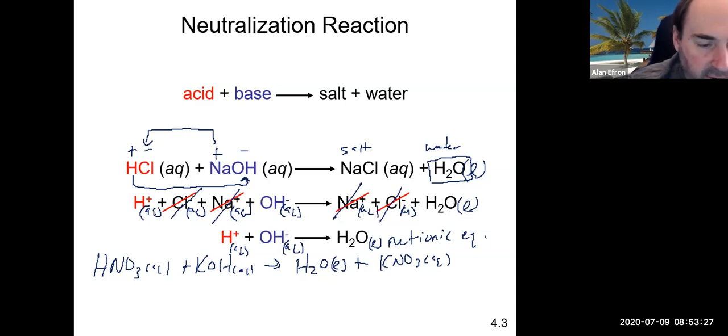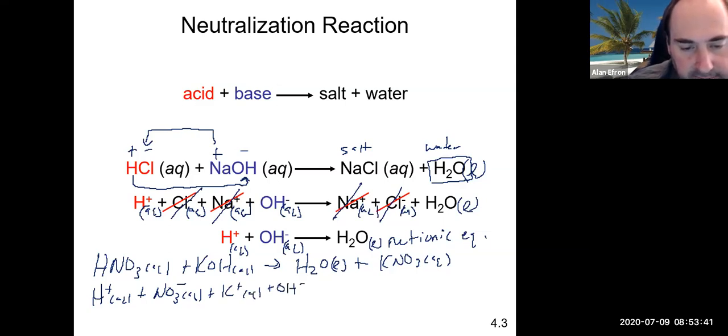And again, if we broke this apart, this would be H plus, NO3 minus, plus K plus, OH minus, makes our H2O, which is a liquid. So again, a liquid is going to stay together.